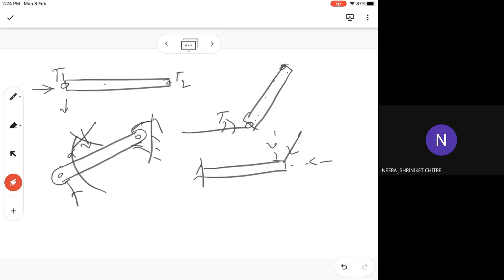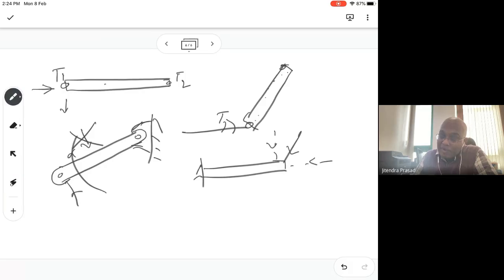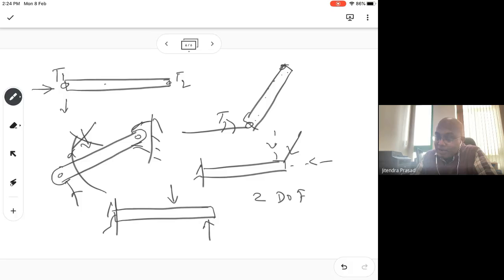Okay, sir. So if you have just a beam, meaning that there is no axial loading, all the loadings are vertical only, like this one, then it will have 2 degrees of freedom, right? One will be how much it can go up and down, and the other is how much it can rotate, since bending moment has theta as the complementary displacement.